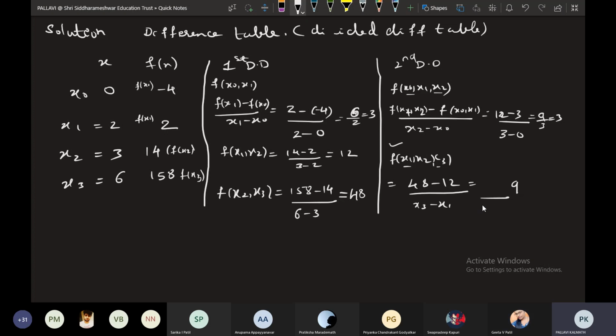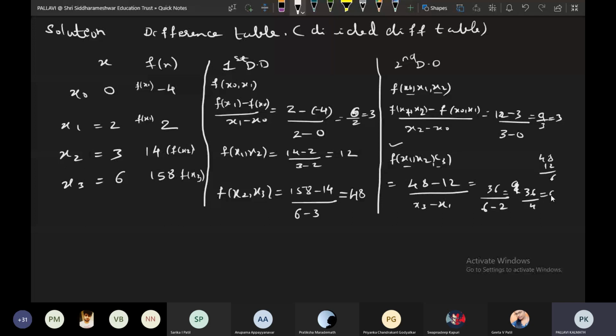What is the denominator? x3, I said, 6 minus x1 is 2. And the numerator is 48 minus 12, so this is 6 and 3. So what you are getting here is 36 divided by 4, which is equal to 9.